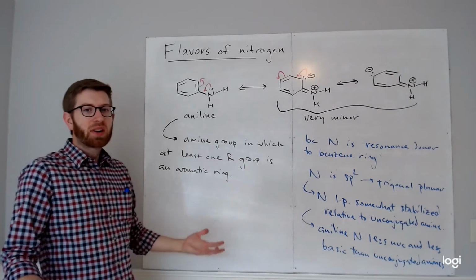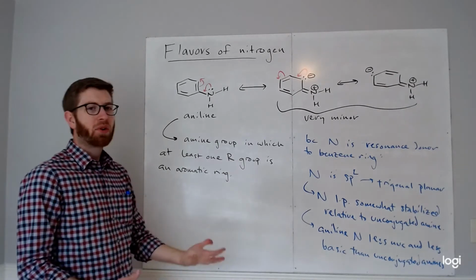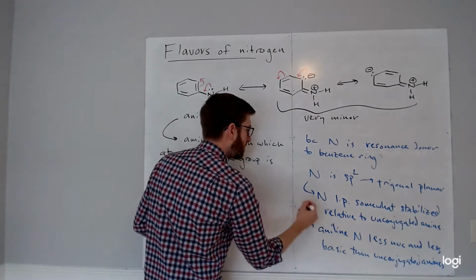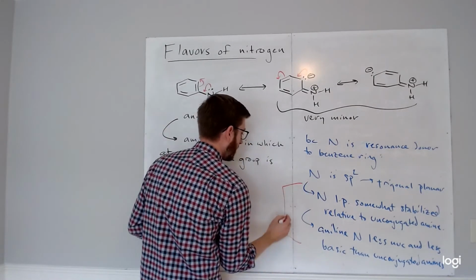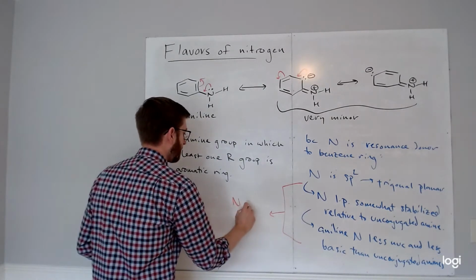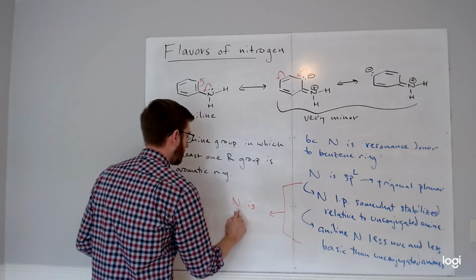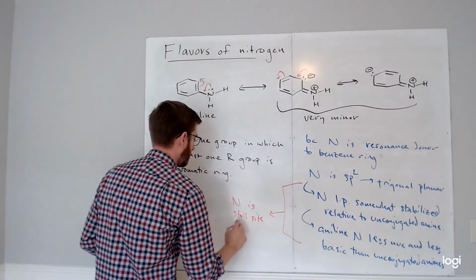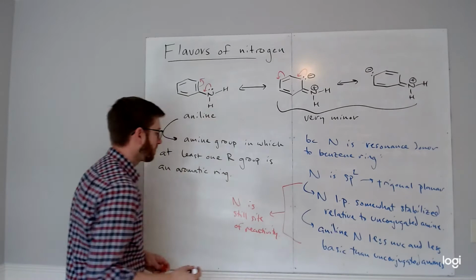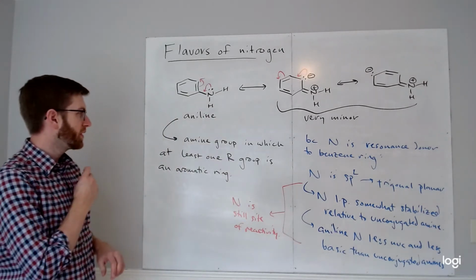It's a much better resonance acceptor, and so you have a lot more of the electron density on oxygen. So here, nitrogen is still our site of reactivity, both for basicity and nucleophilicity.